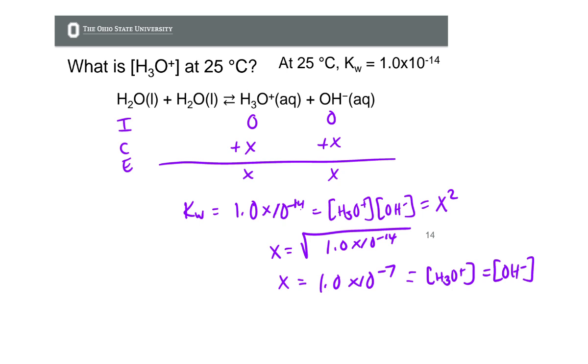Yes, when there's only water in solution, they're always going to be equal. Other things? The question is, anytime you're given a K value, are you going to set up an ice table? Often, well, if you're going to be solving for equilibrium concentrations, yes, you need an ice table.